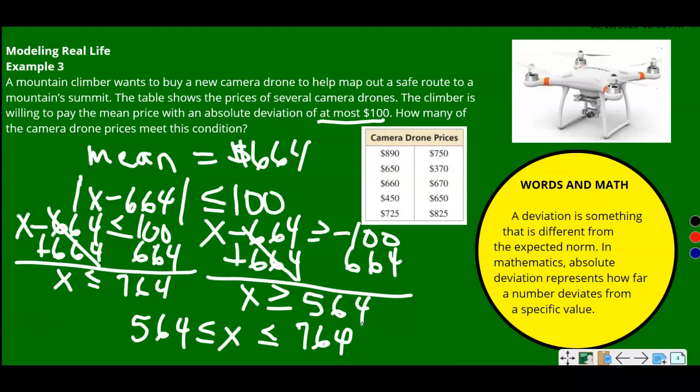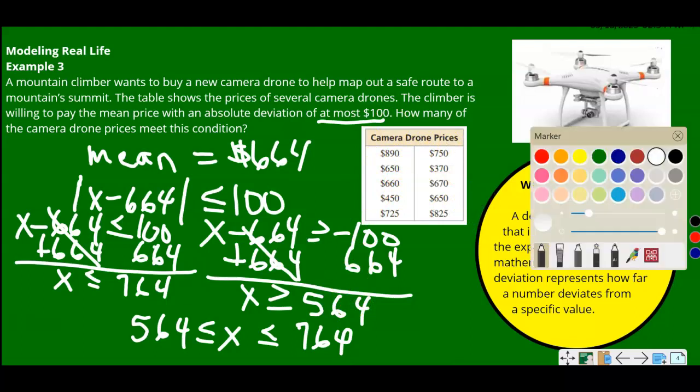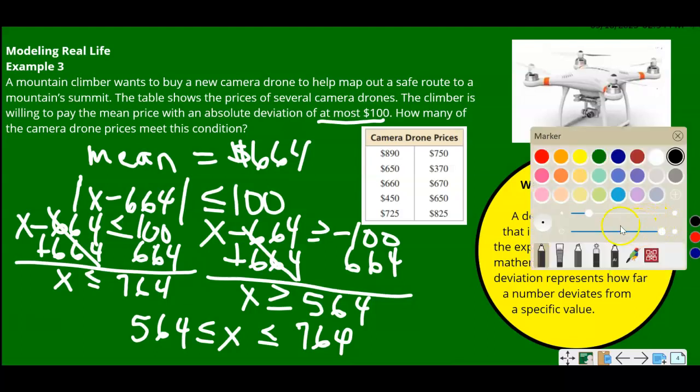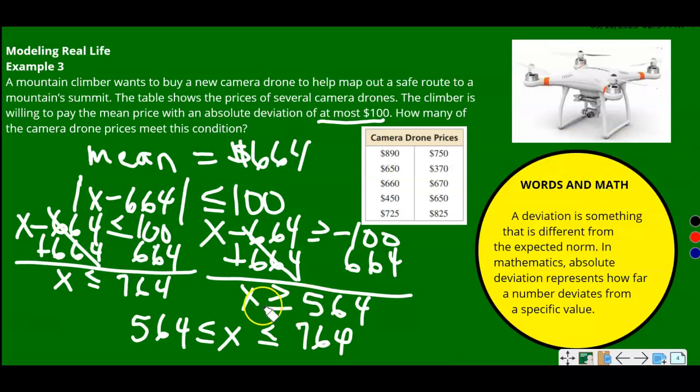Now, which camera drone prices from this list will meet that requirement? Let's take a moment and see if we can circle these.